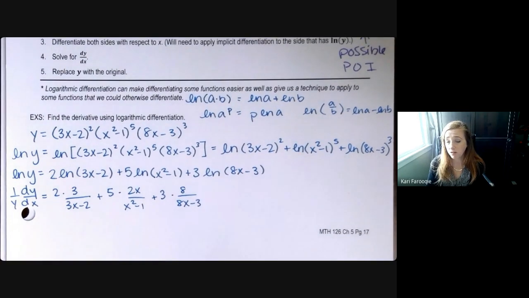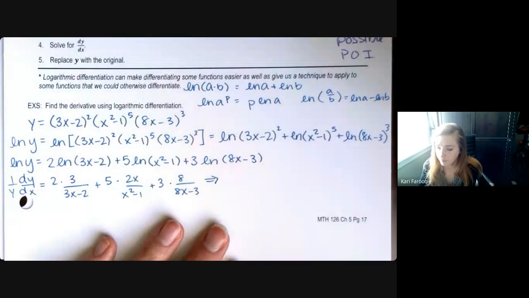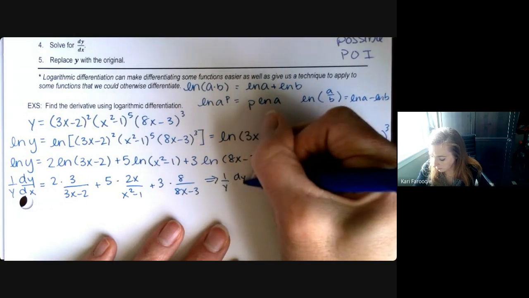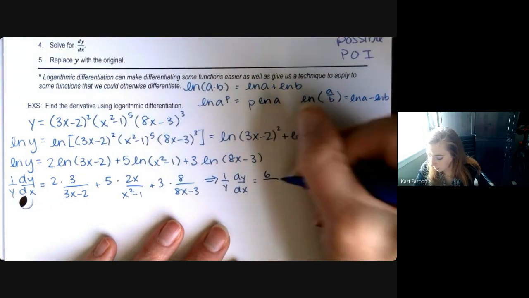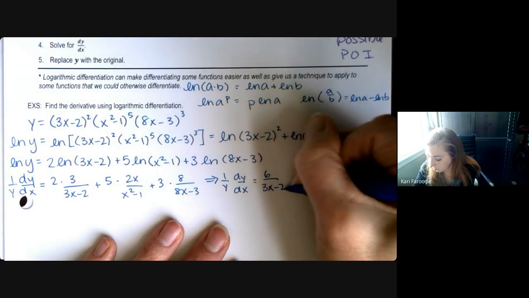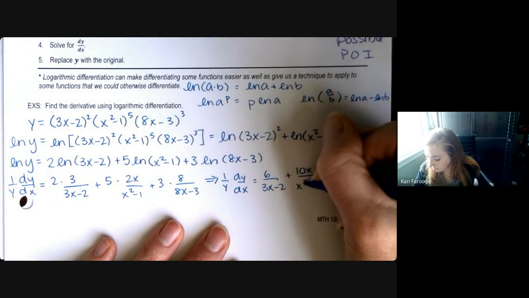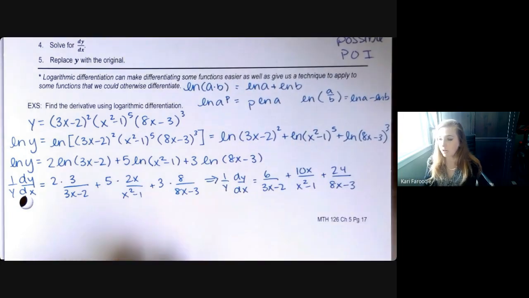We'll simplify it a little bit. There's not a whole ton we can do here. So this says 1 over y dy dx is 6 over 3x minus 2 plus 10x over x squared minus 1 plus 24 over 8x minus 3.